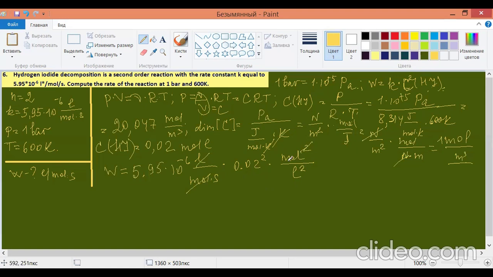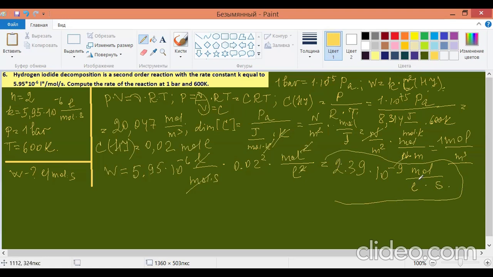Cancel, cancel, and finally, looking at the calculator, okay, it's equal to 2.39 times 10 raised to minus 9 mole per liter per second. Yeah, this is the answer.